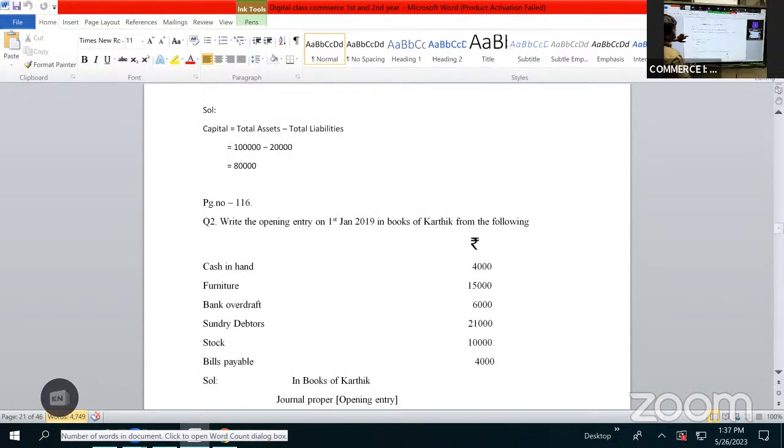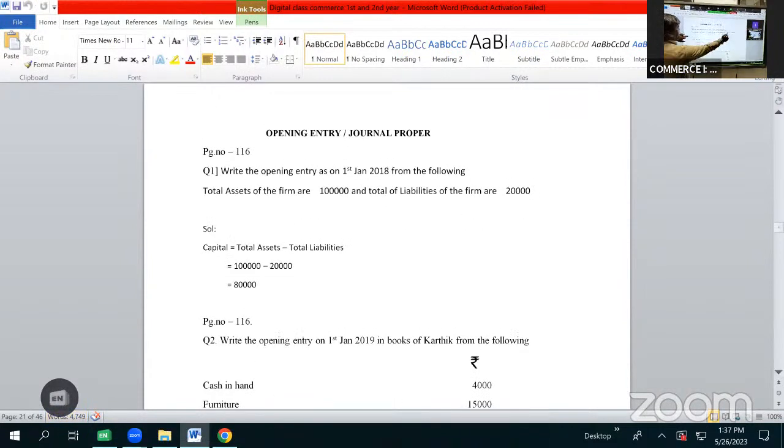So the value of assets is given as 1 lakh and the value of liability is given as 20,000. Applying the formula, capital equal to total assets minus total liabilities, it becomes 1 lakh minus 20,000, substituting the values, it becomes 80,000. So we were asked to pass an opening entry.